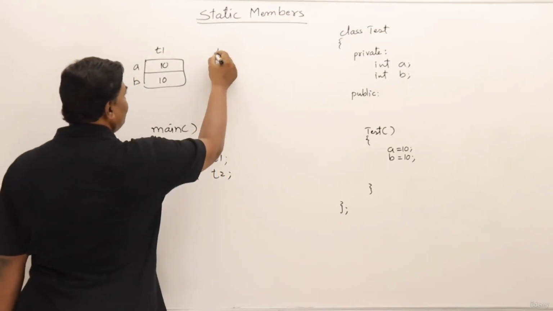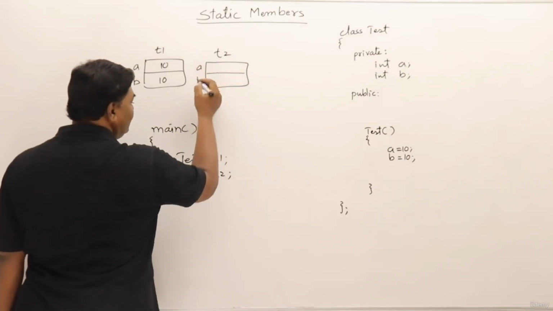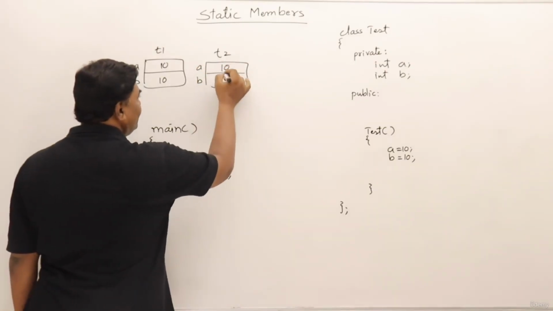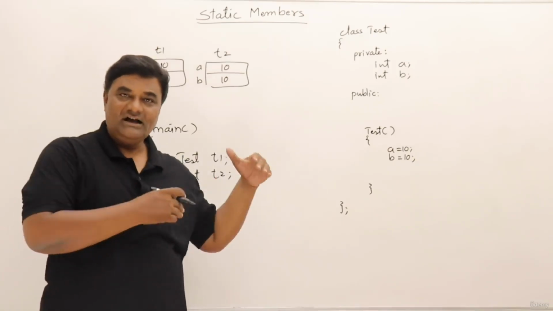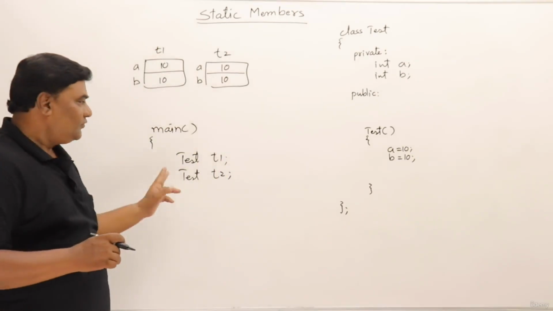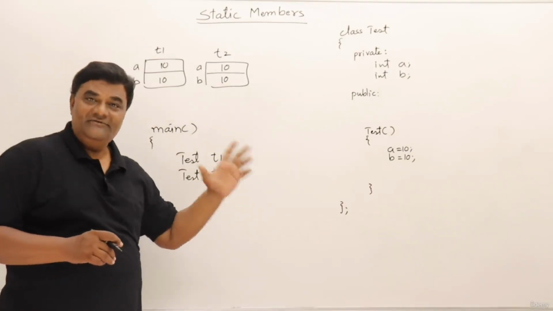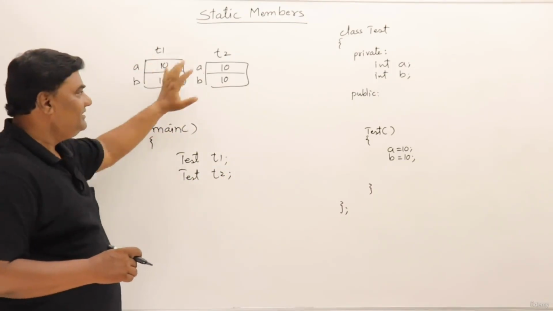Then T2 is also created and will also have A and B, with values 10 and 10. To understand static, let us follow this. I have created two objects of the same class, so every object will have its own A member and B member: AB, AB.